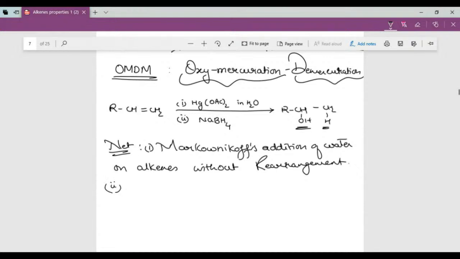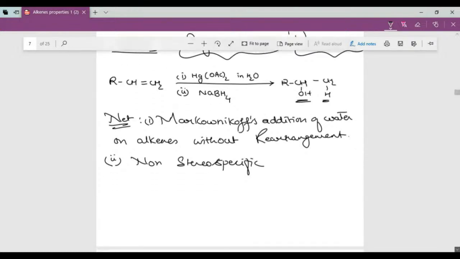The second point is also very important. It is non-stereospecific. Unlike hydroboration-oxidation, which was stereospecifically syn addition, as I have repeated almost 10 times in the last half an hour, OMDM is non-stereospecific, non-stereoselective. It is regioselective, which I have already told you in the first point, as there is Markovnikov addition, but it is non-stereospecific and non-stereoselective.